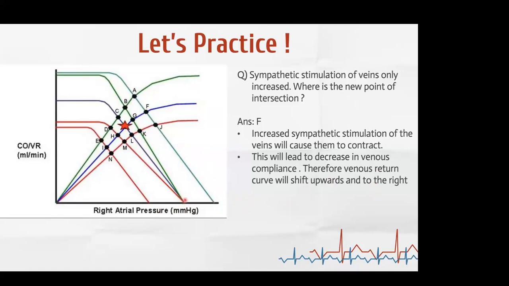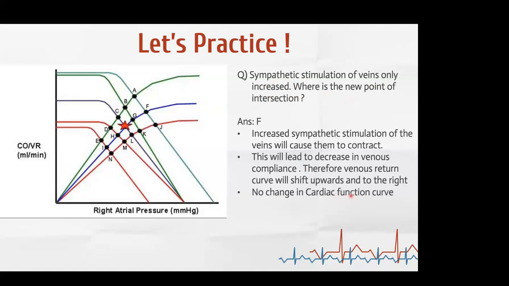But this one, you know for sure, is arteriolar resistance. That's the characteristic feature of changes in arteriolar resistance. It doesn't change the mean systemic filling pressure. So the way you differentiate between G and F, if the question said arteriolar resistance, then you'd go to G. But the question is talking about the venous compliance. So you go to F. So this is how they're going to ask you in the exam. Okay, guys? We'll move on to the next question.